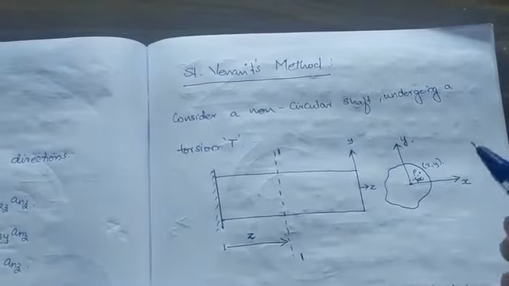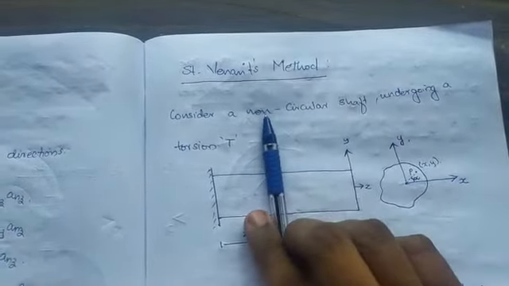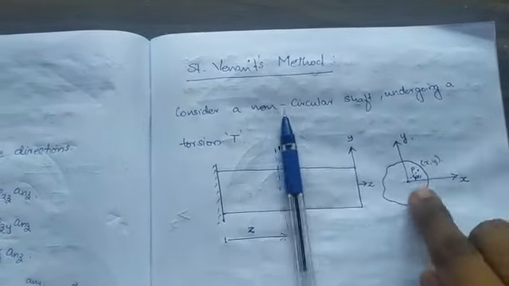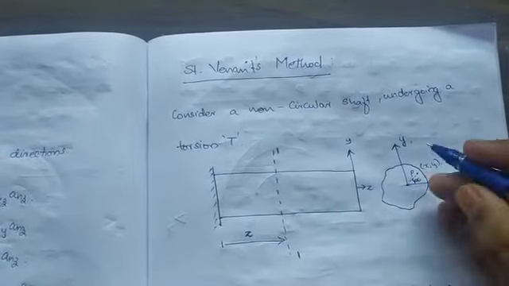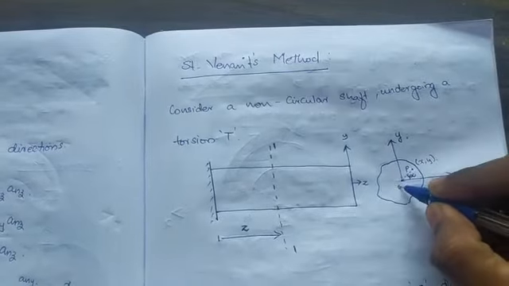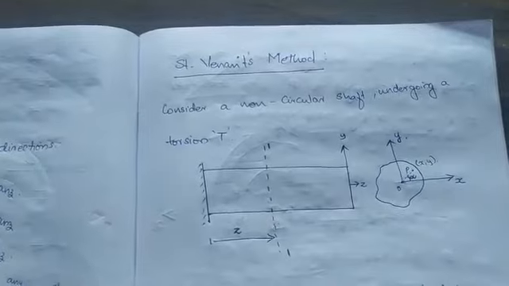Now what I am going to do is that I'll cut a section 1-1, right? And in that 1-1 I will take this section. Fine. And I took a point P, and say this is the center or centroid of this section.